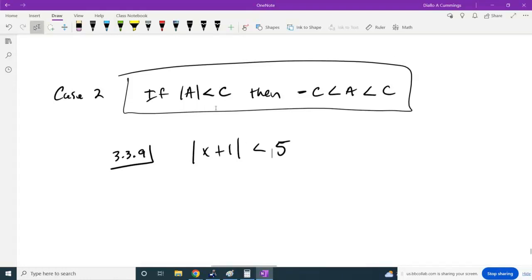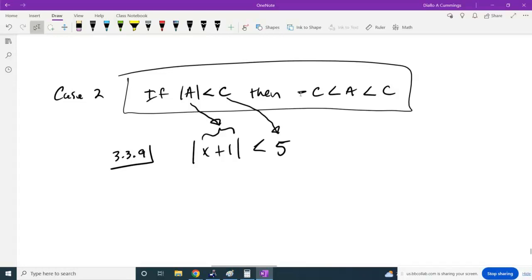First off, the absolute value still has to be on the same side of the equation by itself. And we're looking at a less than. So this formula is going to allow me to write this as, so just keep in mind that in the formula, A is everything inside the absolute value. C in this case is going to be 5.